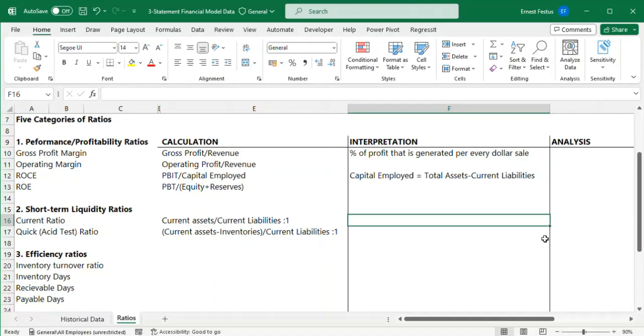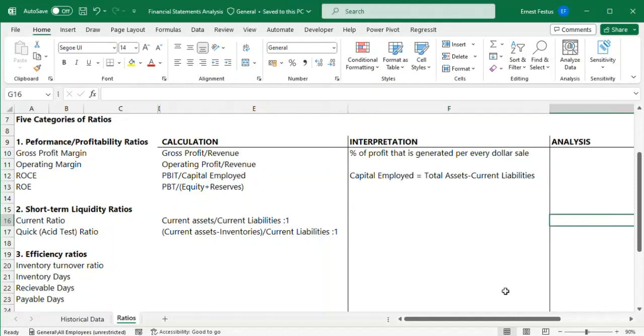Now the interpretation, the analysis. So let's look at the analysis. With the analysis, we are seeing that when these two ratios are calculated and they are lower, it means... and how do we know that they are low or high? That is where the comparisons come in.